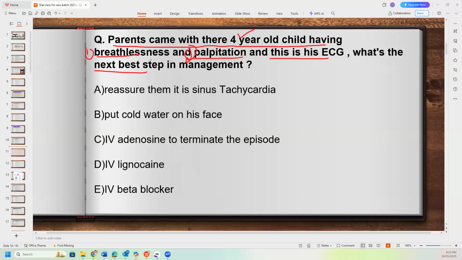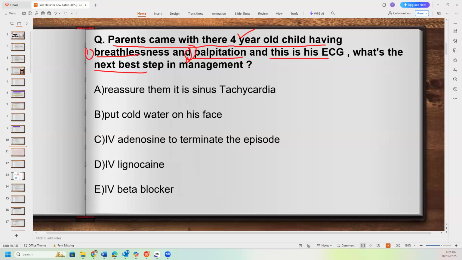If they ask next step, for example, if this person was hemodynamically unstable, what would be your next step? The next step would be to maintain airway, breathing, circulation, right? But they're asking next best step. When they say next best step, they are not necessarily emphasizing the next step of management. They're asking you about the management that will save this person.